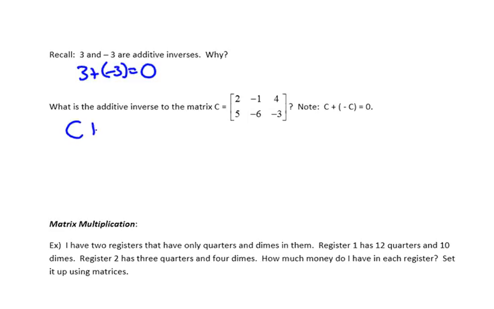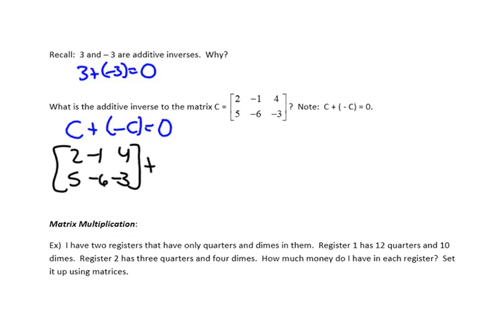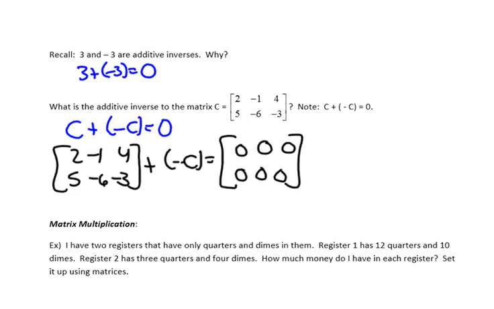I can do C plus the opposite of C is equal to 0. Now, in this example, I've already given you what C is. And remember what we want. We want the zero matrix at the end. So what am I going to do?